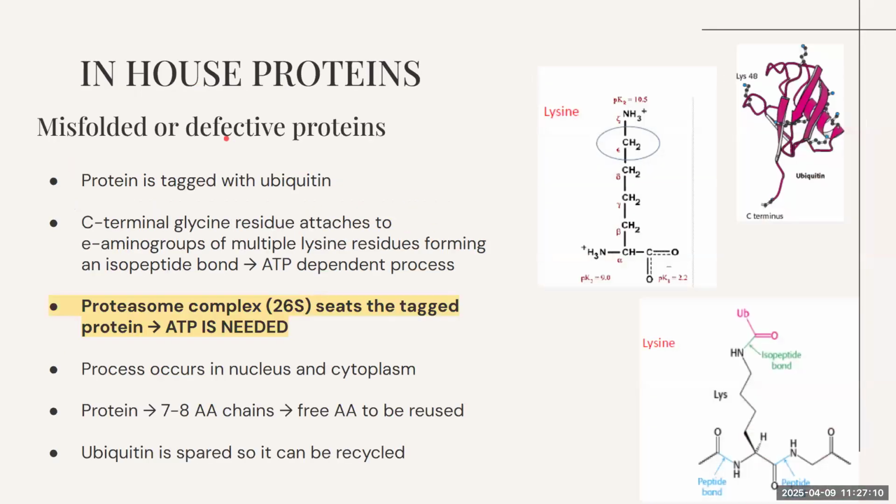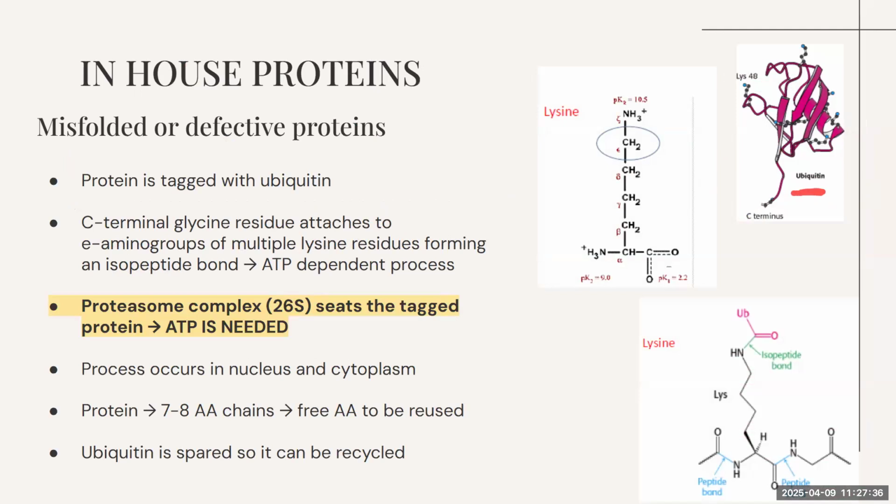Now, you have a problem in your body where some of the proteins are misfolded. Those proteins can form aggregates, and we don't want that whatsoever. What the body does as a preservation mechanism is break it down with the help of ubiquitin and the proteasome.